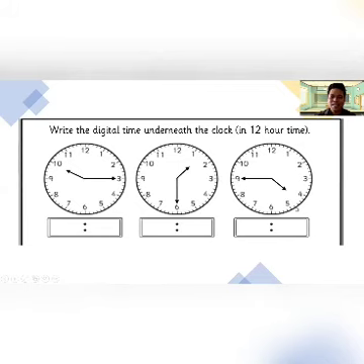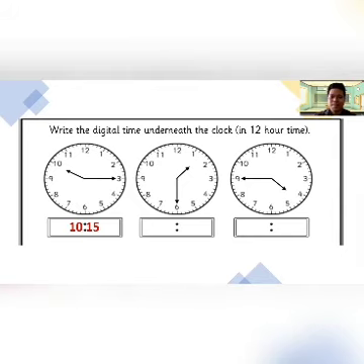Okay, kids. So another one in here, you are going to write the time in digital clock form. So the first is, very good, it's 10:15. How about the second one?